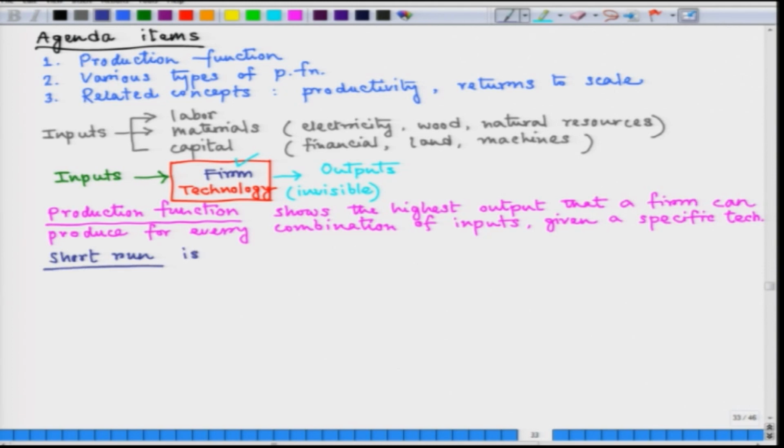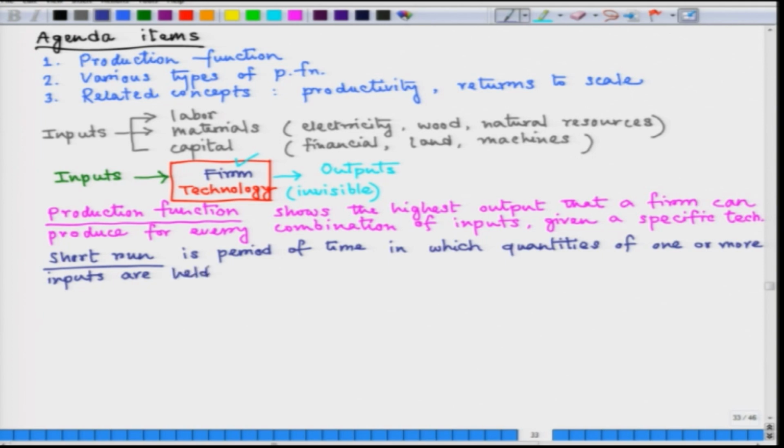Short run is the period of time in which quantities of one or more inputs are held fixed. It implies that they cannot be changed.